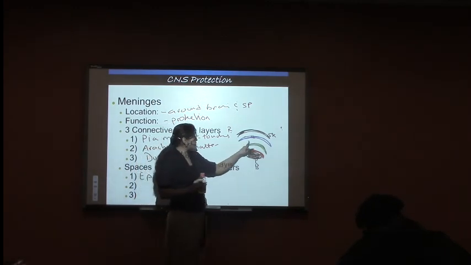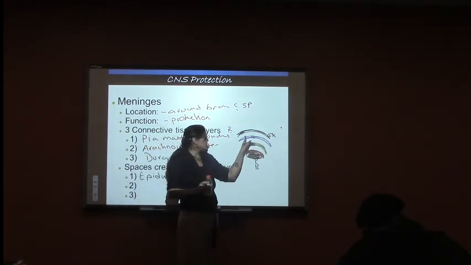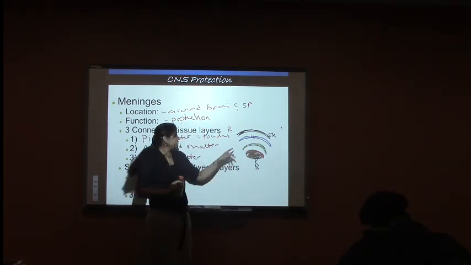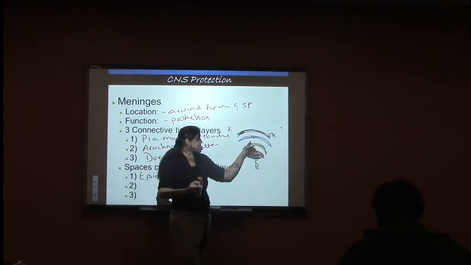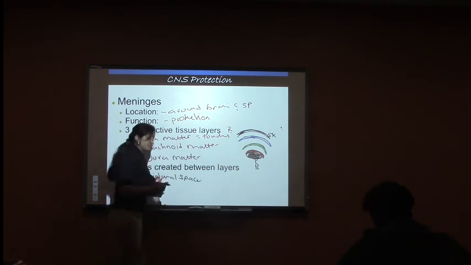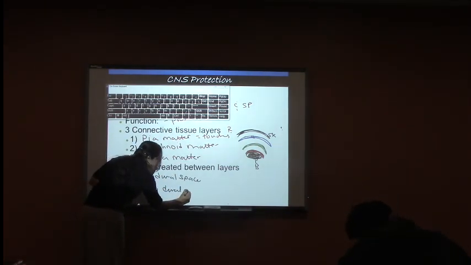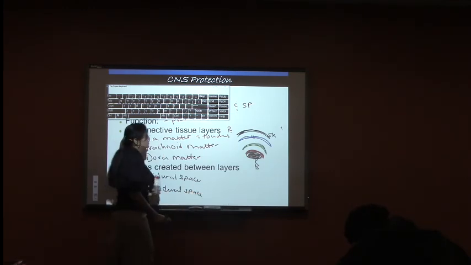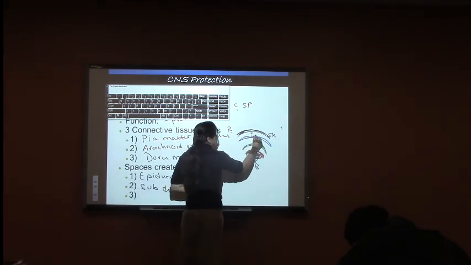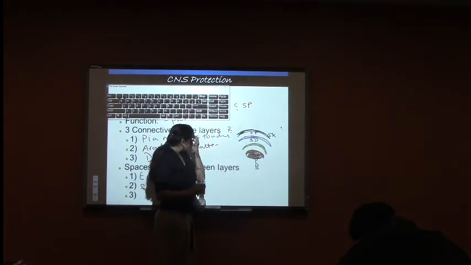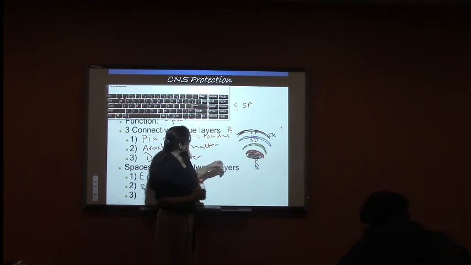How would you call the space which is located between the dura and the arachnoid? Subdural space. So epidural, subdural. How would you call the rest?